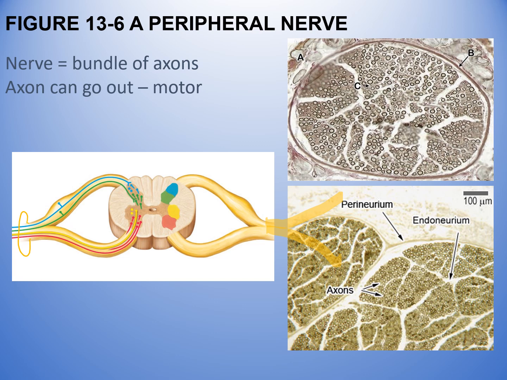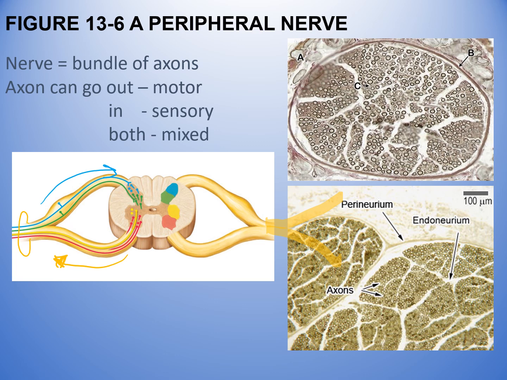In a nerve, especially in a spinal nerve, you can have axons that are bringing information out of the spinal column, and those axons are called motor neurons. Motor neurons connect to the neuromuscular junction. You can also have axons that are bringing information into the spinal column, and those are sensory axons, but they're both part of nerves, and a spinal nerve has both of those.